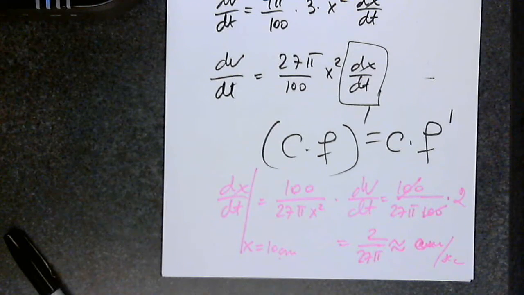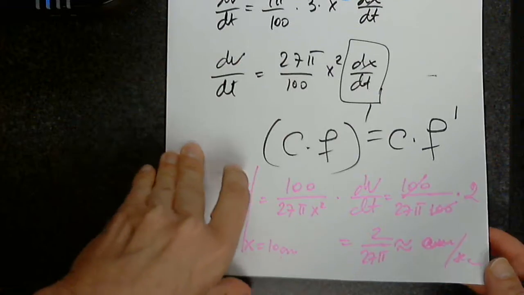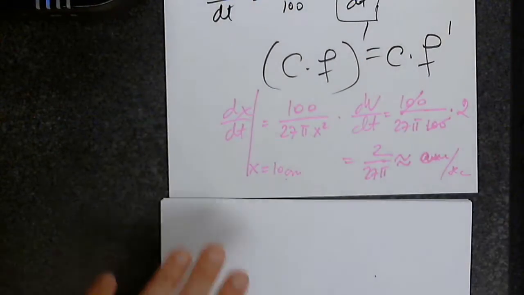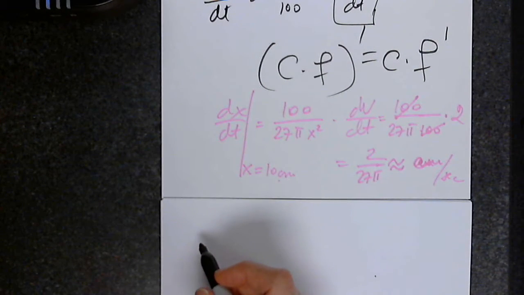Professor Lee, are you guys done? Yes, we're done with that. You're saying 2 over 27 pi is equal to 8 over 9 pi.